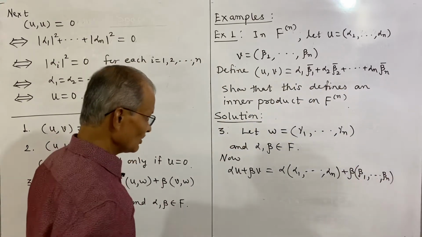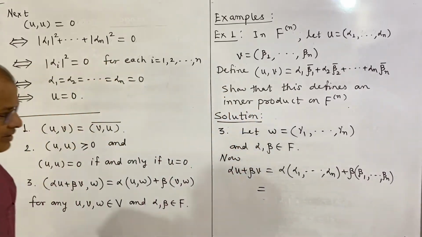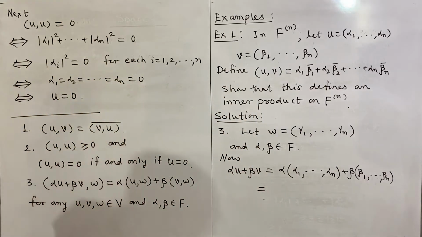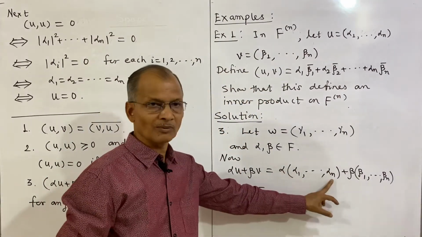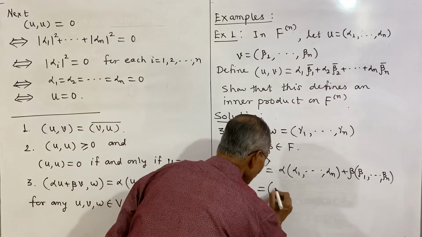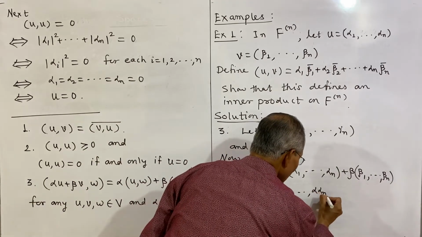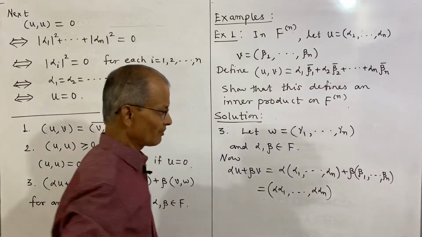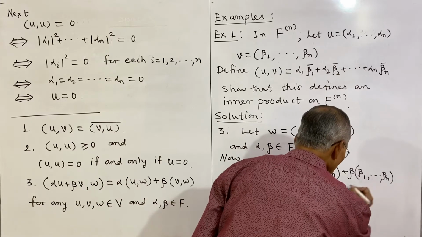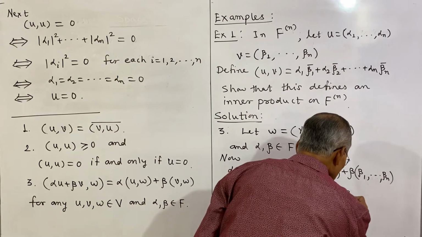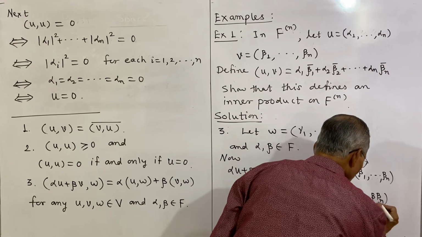By the definition in vector spaces, this multiplication is written by multiplying alpha into each component, which becomes alpha alpha 1 up to alpha alpha n. Similarly for the second, each component is multiplied by beta, so it is beta beta 1 and so on up to beta beta n.